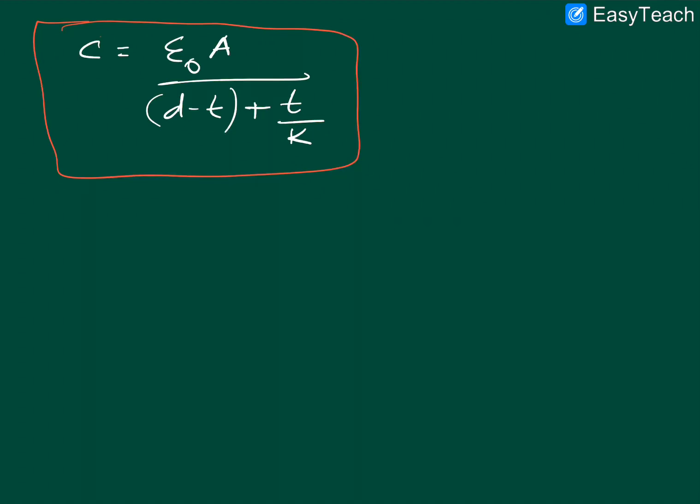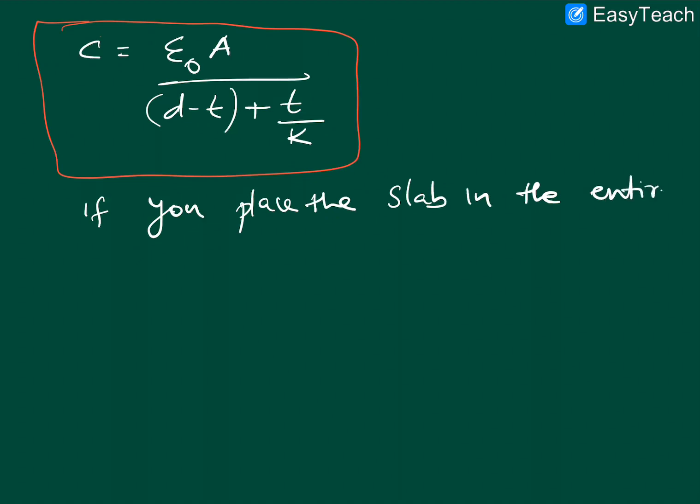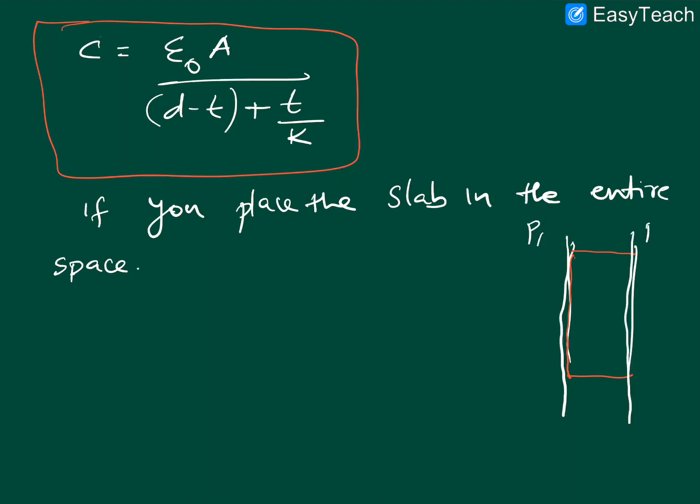Now from this you can again go back to the previous one, that is, if you place the slab in the entire space, that means the previous case, if you place the slab not only in a small region, if you place it in the entire space in between the two plates, this is your metal plate, this is the second metal plate P1 and P2.